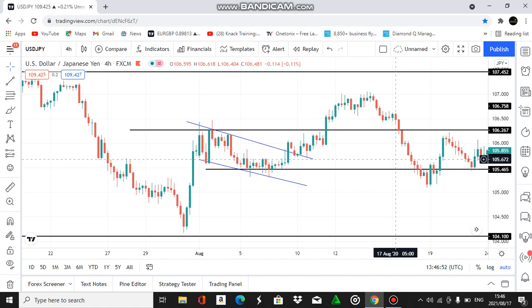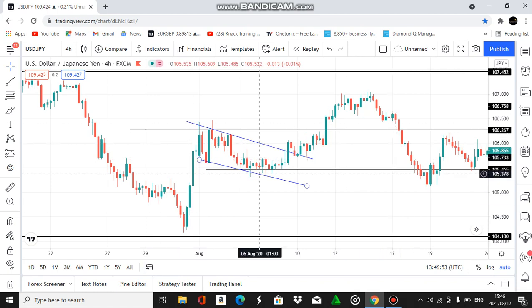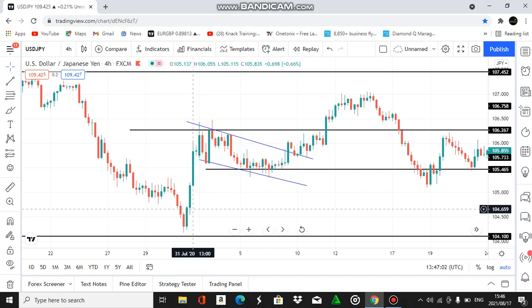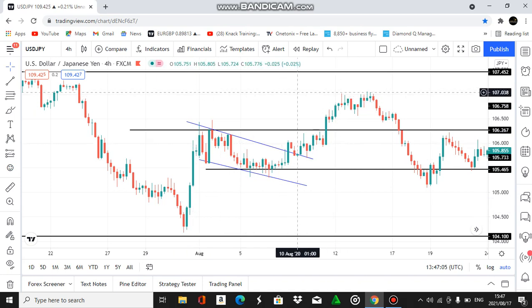So these continuation patterns, we mostly call them the retesting patterns. This is when the market is retesting.